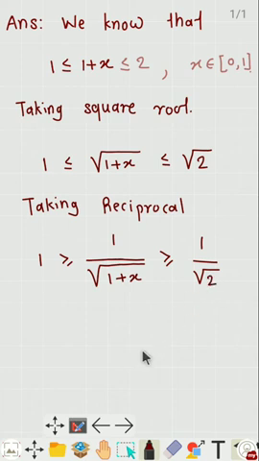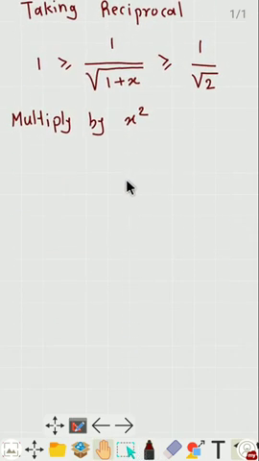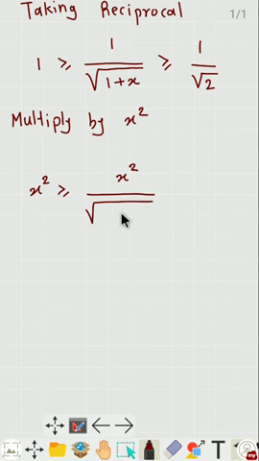Then we multiply by x square; the inequality remains as it is. So here x square is greater than or equal to x square upon square root of 1 plus x, greater than or equal to x square upon square root 2.